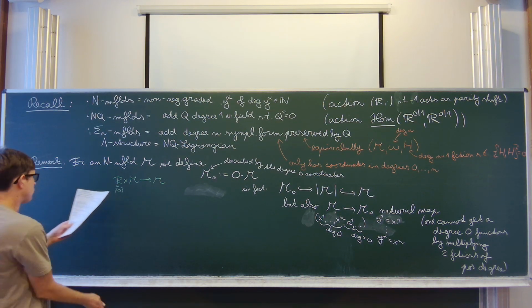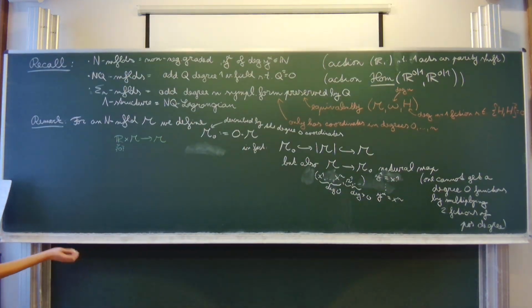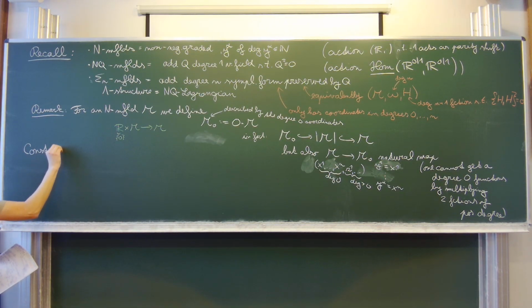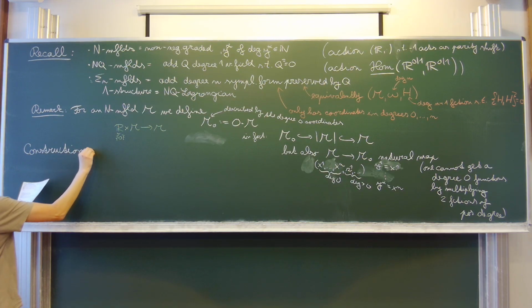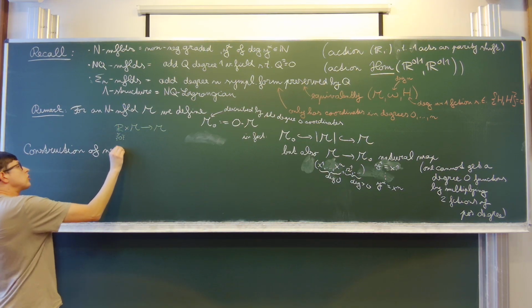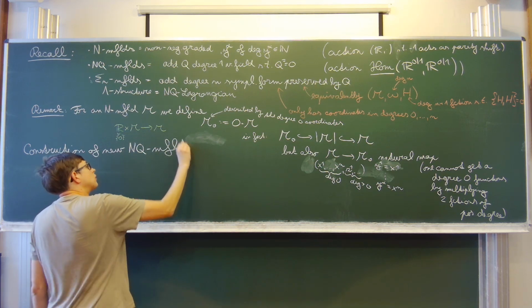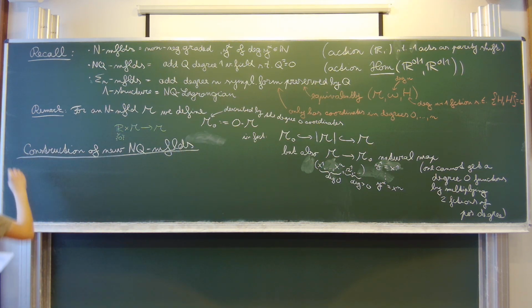So this was one remark, and then I wanted to make some sort of nice construction. This is just to conclude the subchapter: construction of new NQ manifolds. And there will be two general ones.